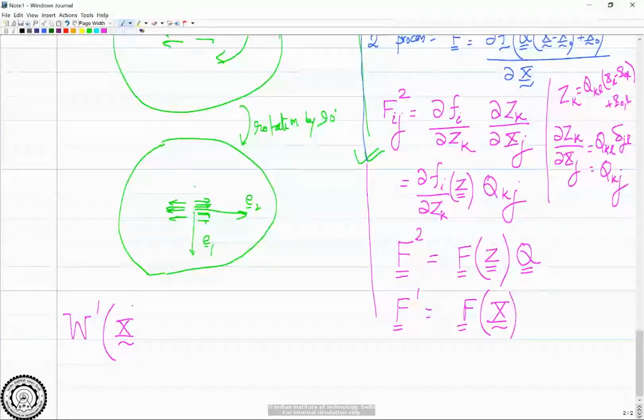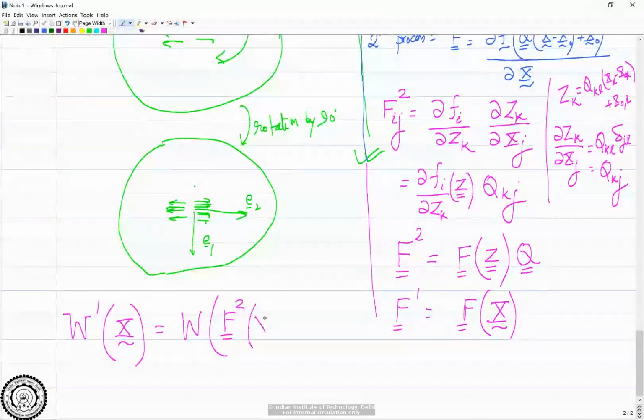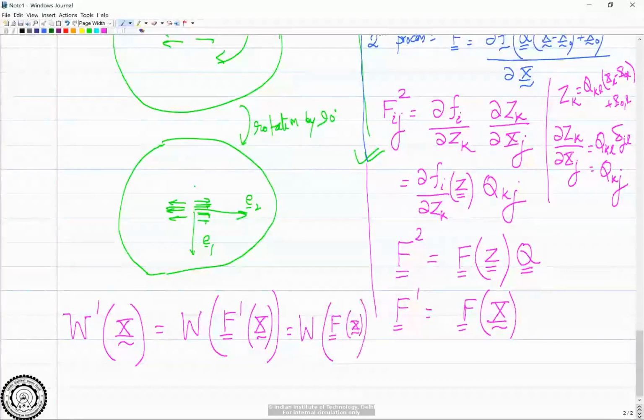So W1 for process 1 is simply W of F1, I'm sorry, F1 at big X, which is W of big F at X, right?